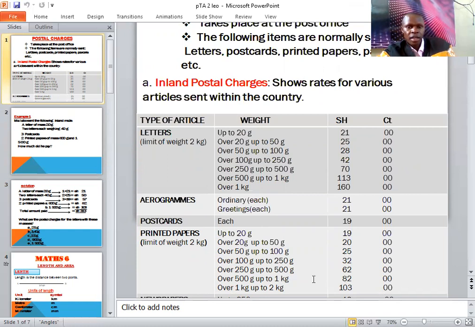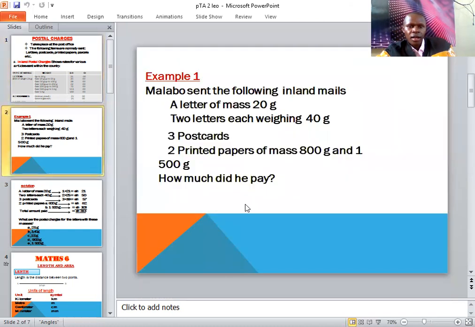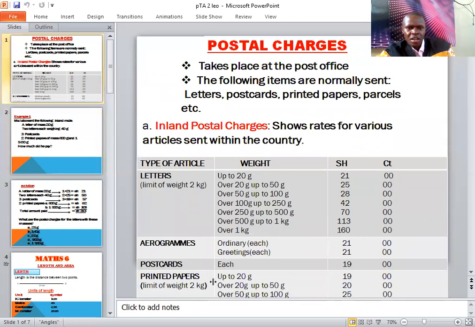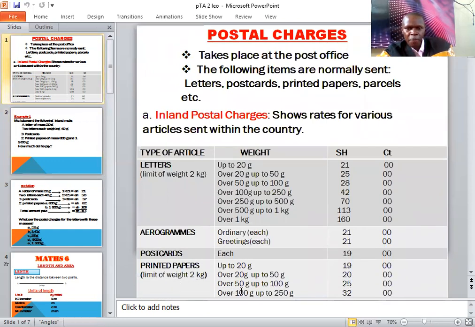Now, the other one was 1,500 grams. What are the printed papers charges from the table? 1,500 grams printed papers.